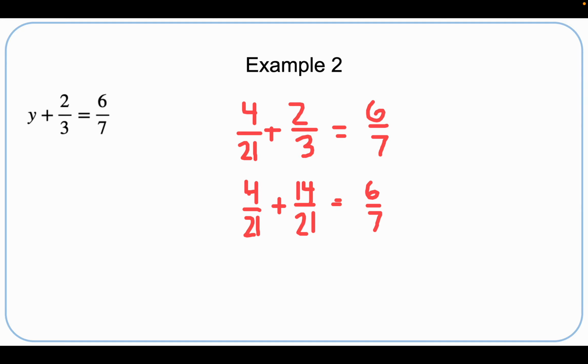Then we still need to simplify, so this is 18 over 21 equals 6 over 7, and then we can simplify this fraction, 18 over 21. We can factor out a 3 from the numerator and the denominator, so that leaves us with 6/7 equals 6/7. So that checks out.